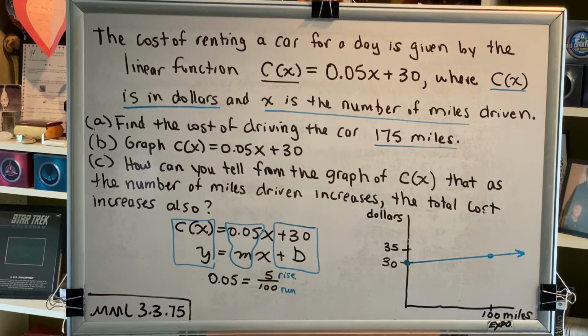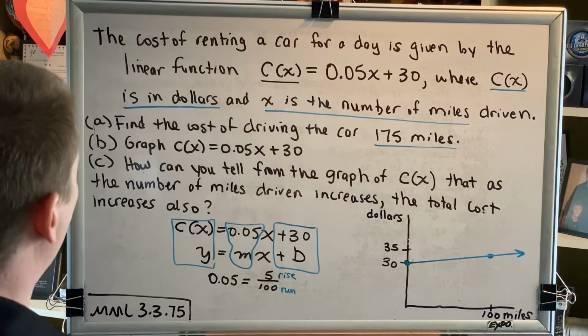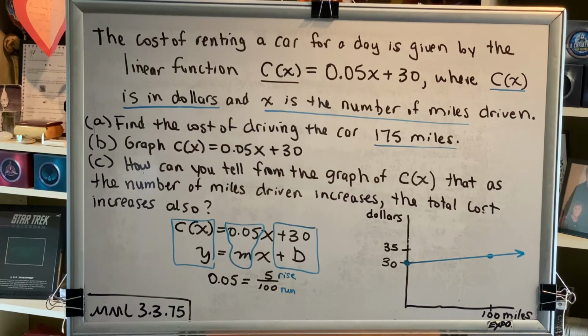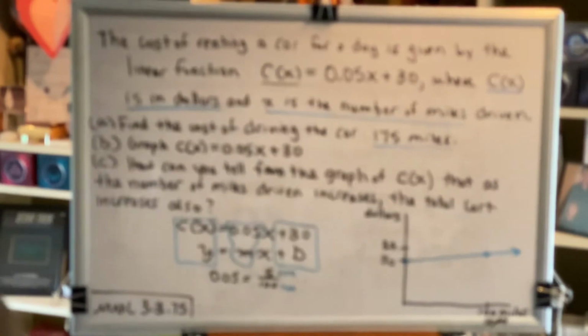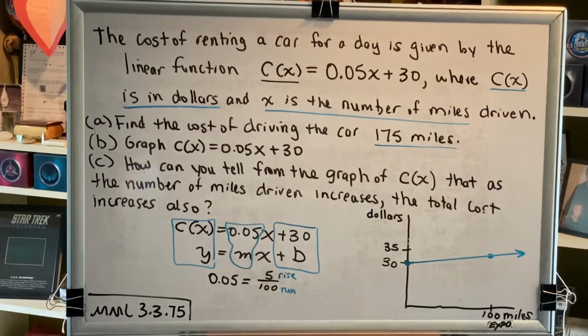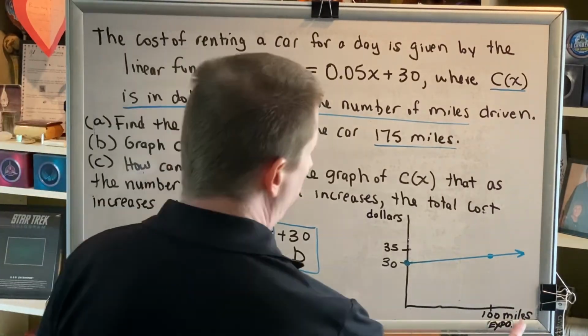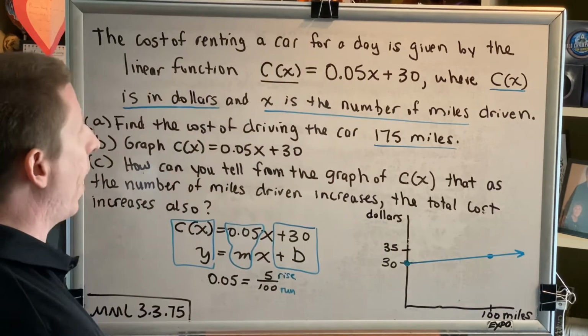How can you tell from the graph of c of x that as the number of miles driven increases, the total cost increases also? If we look carefully at our graph, we notice that miles are being represented by the horizontal axis.